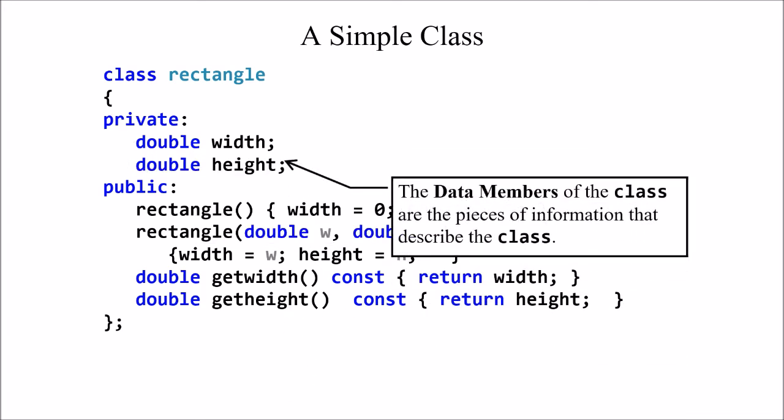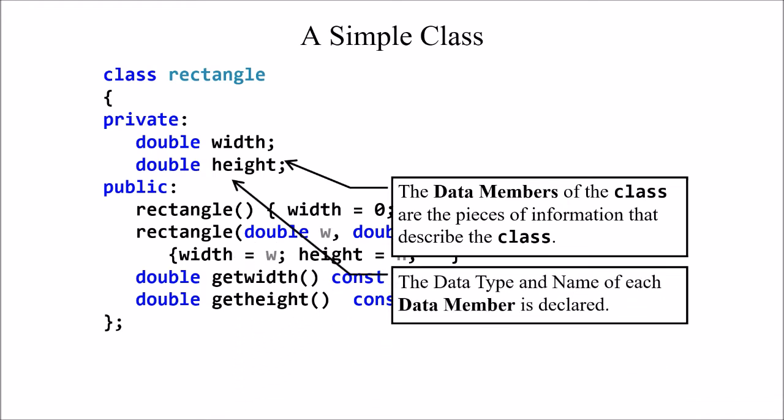The data members of the class are the pieces of information that describe the class. Since I'm describing a class of objects described as rectangles, I'm going to use the width of the rectangle and the height of the rectangle as the data that describes the rectangle. Both of these are type double numbers.